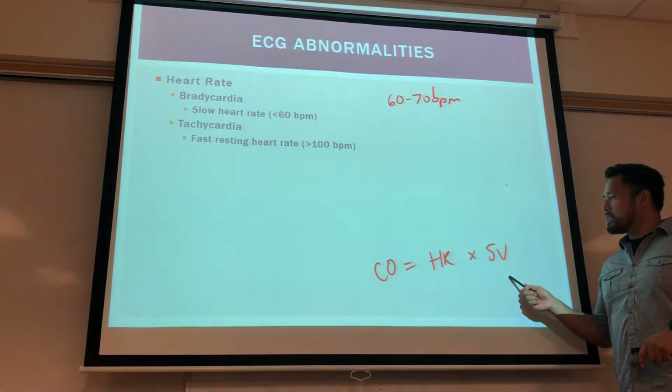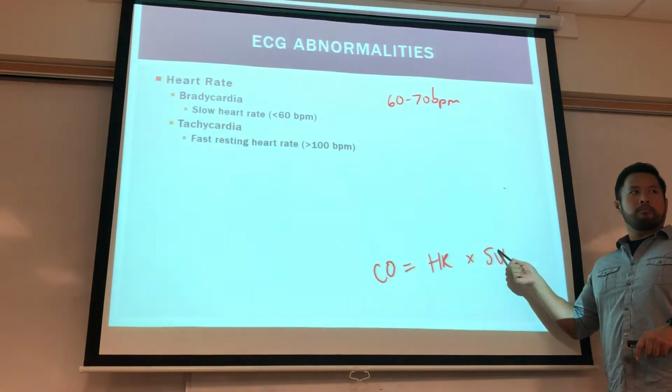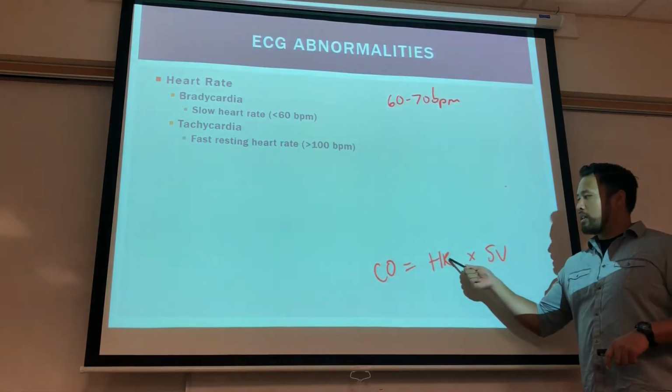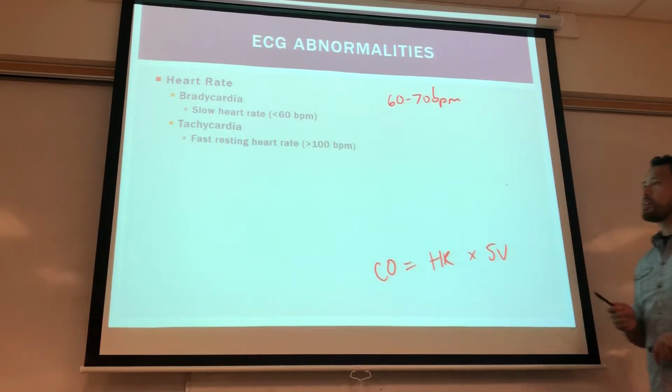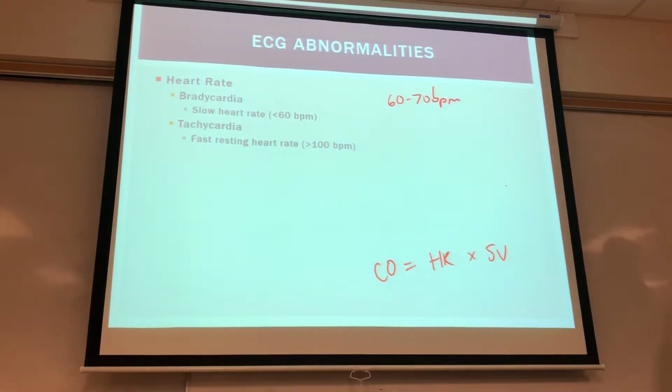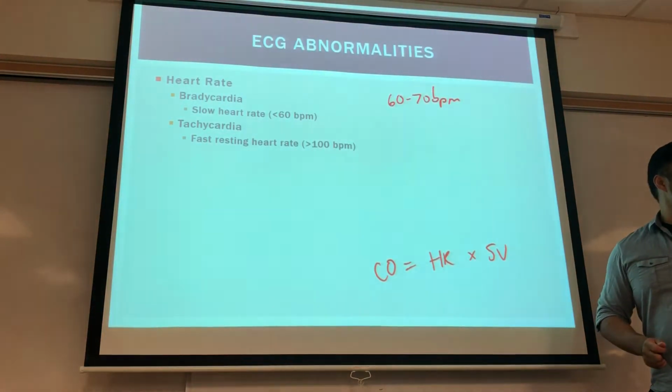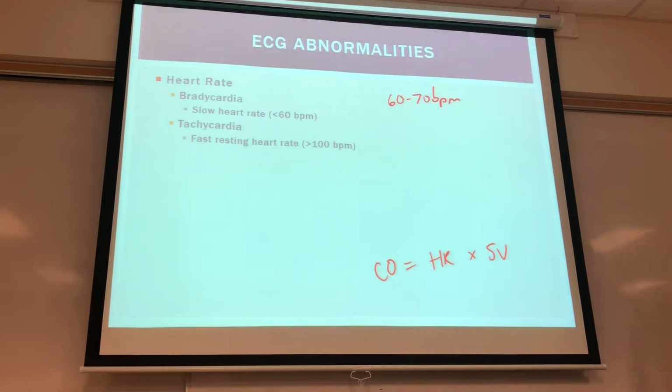So increases in stroke volume for athletes will result in a decreased heart rate. So ask your athletic friends what their heart rate is, and it wouldn't be uncommon for them to be under 60 beats per minute. Now, tachycardia, on the other hand, typically is going to be excessive sympathetic output.